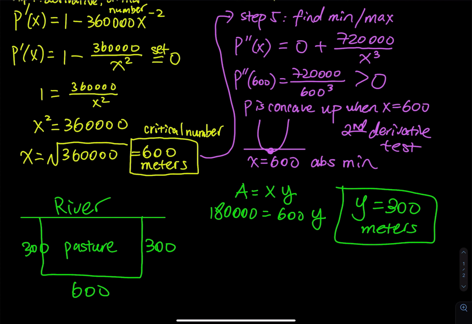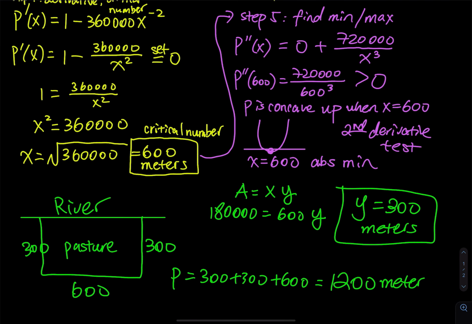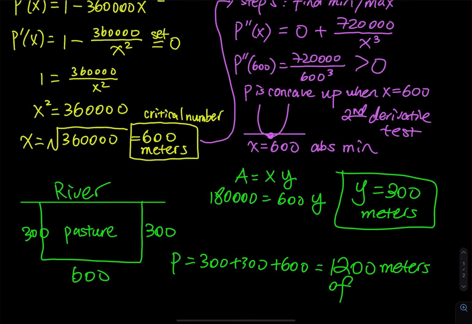How many meters of fence do I need to buy? You have to tell your boss, right? So the perimeter is equal to 300 plus 300 and then plus 600. So you have to tell your boss that you have to purchase 1,200 meters of fence to do this job. Right, so you have to draw a conclusion and then submit it to your boss. So you provide a picture. This is exactly what we want, and this is the length of fence that you have to buy.